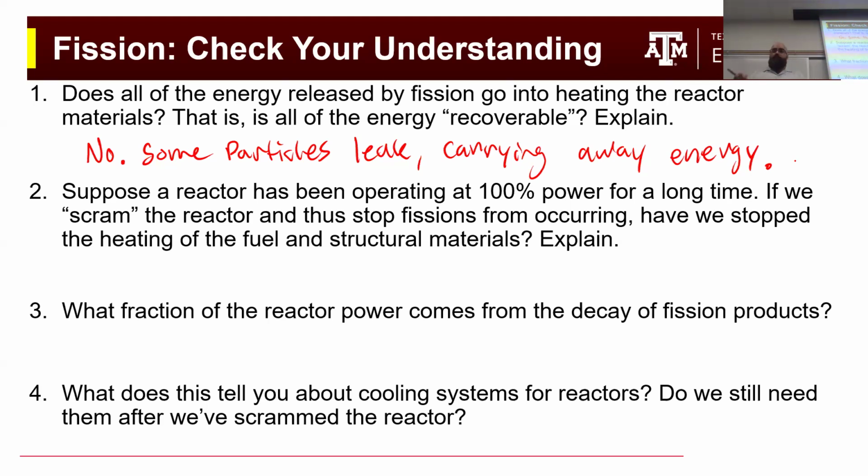The next question: if we have a reactor that's been operating at full power for a long time, and then we scram the reactor and turn it off, that means that we're stopping the fission reactions from happening. Have we still stopped all of the heating of the nuclear fuel and the structural materials once we shut off the fission reaction? No. And how come?